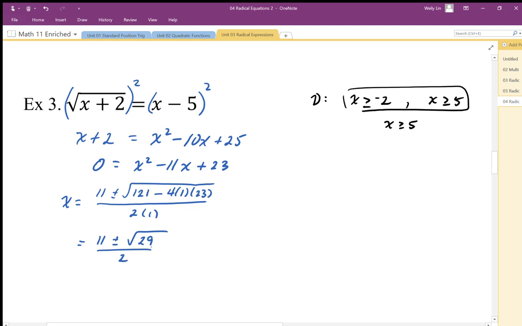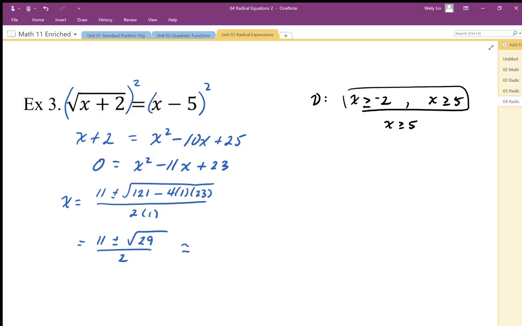Then we can check this against our domain. This one's going to be a little bit hard to plug in. We can estimate the value of this decimal, and then plug in and do a calculation, but this one might be easier to test against our domain.